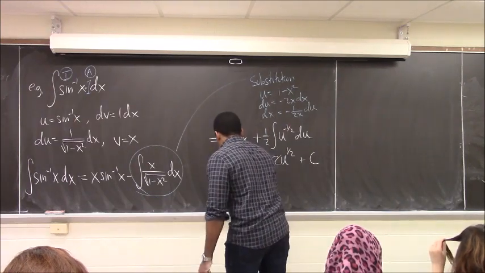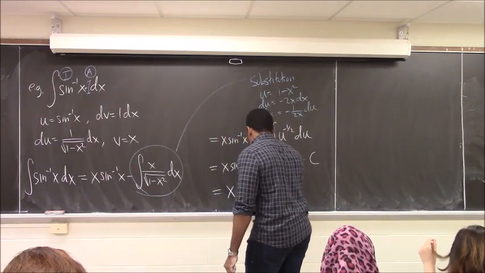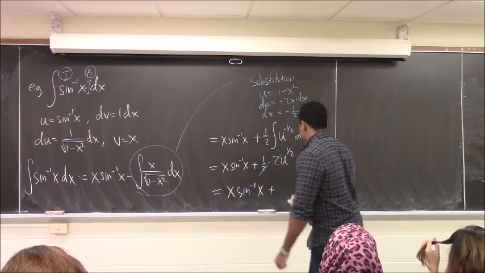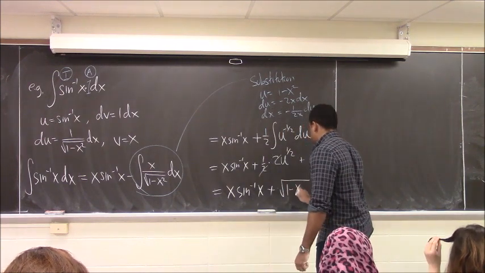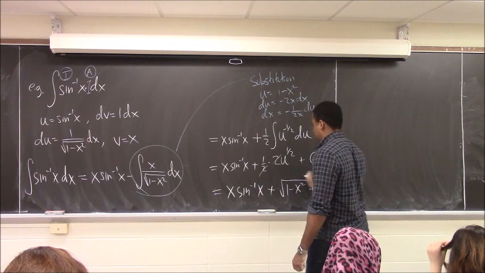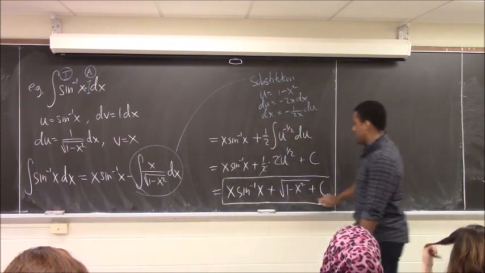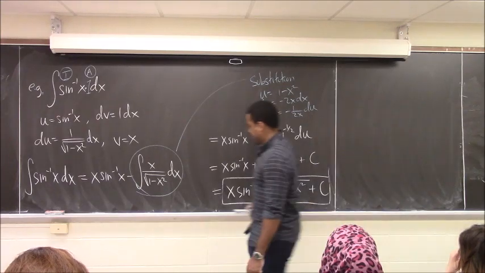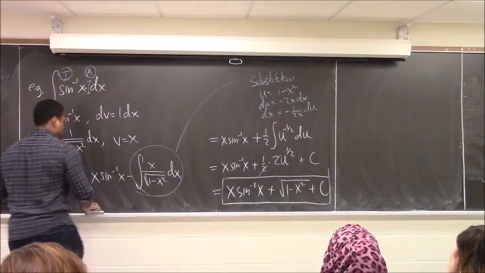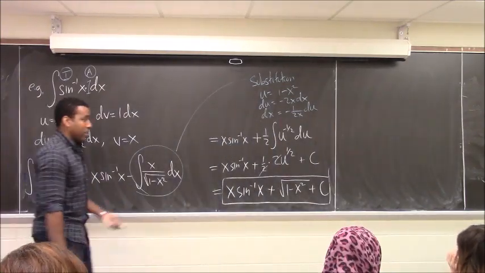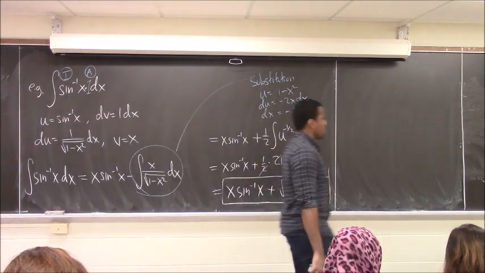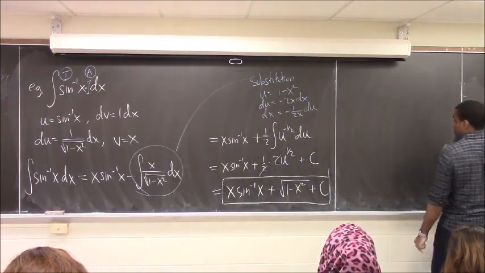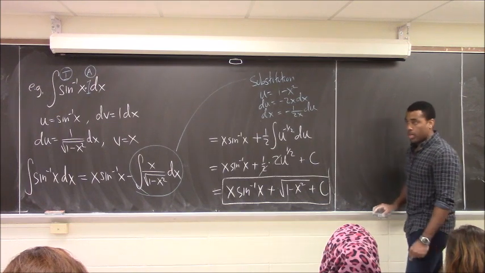Now we do our back substitution. That's the antiderivative of the inverse sine function. It's not a basic rule, you have to remember that, but that's how you compute it. You can do pretty much any of the inverse trig functions this way.